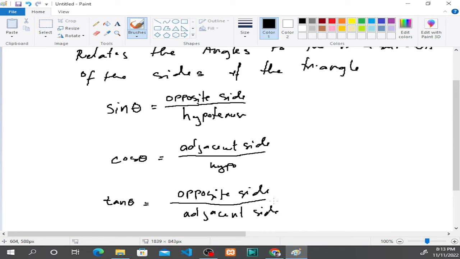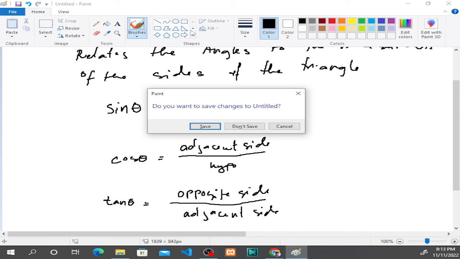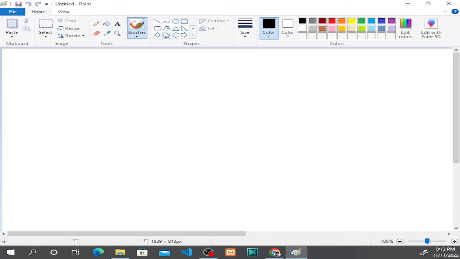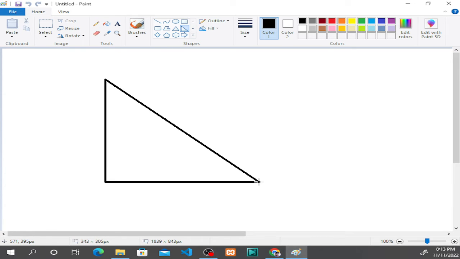The challenge here is to know which is the opposite side and which is the adjacent side with respect to the angle. To show you that, I need to draw another triangle again. Basically, I need to draw it in a large and open space.